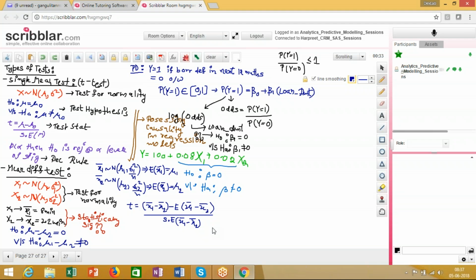Now, since it is the expectation of x1 bar minus x2 bar, we know that this is nothing but the difference of the means.